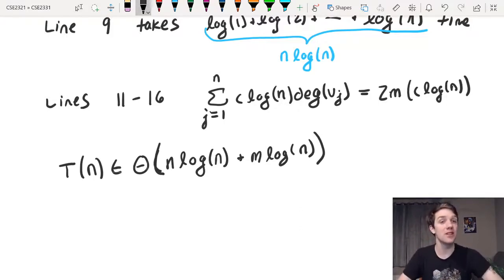As we've seen several times, by using better data structures, you can improve the runtime of one part of the code while paying a price in another part of the code, which is what we've done here. So by paying a price in terms of updating everything in the queue, that's this m log n term, we've improved the efficiency of the algorithm in the first part.